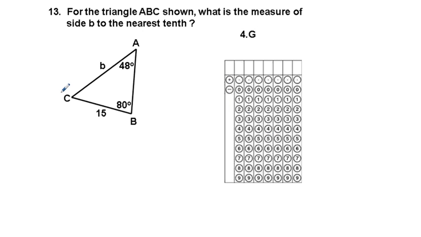Okay, 13. For the triangle ABC shown below, what is the measure of side B to the nearest tenth? So we don't have right angles, it looks like.